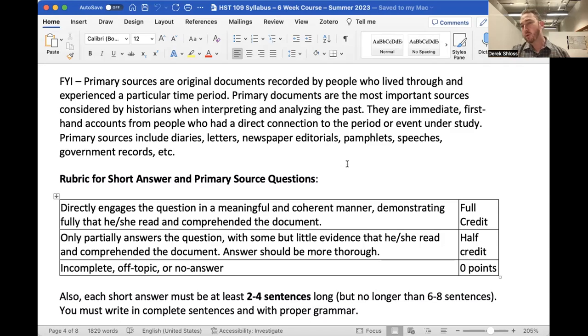Now, it's a 6-week course, so that means you can expect to spend 22 and a half hours per week. Let me repeat that. This is important. You can expect to spend 135 hours on a 3-credit course, which is what this is. It's a 6-week course. So if you do the math, 135 divided by 6, that means 22 and a half hours per week.